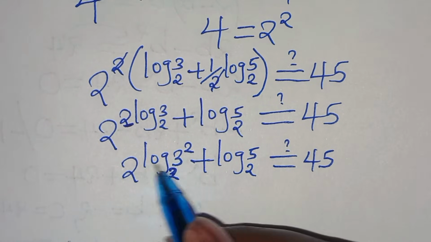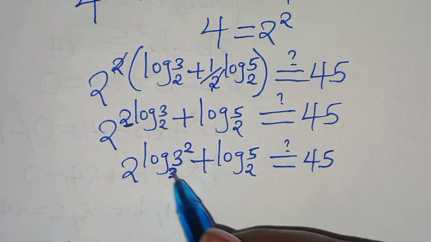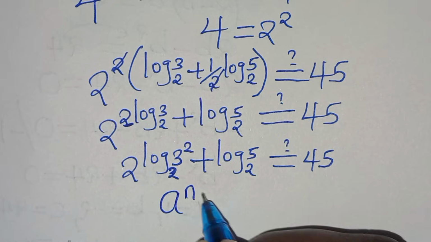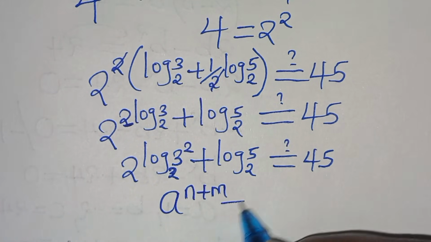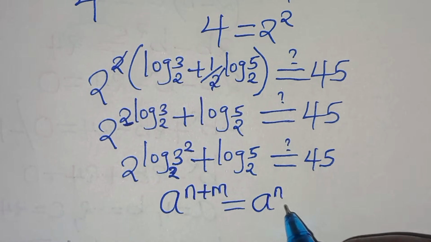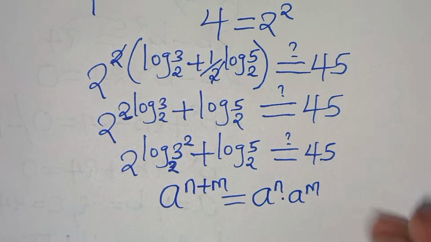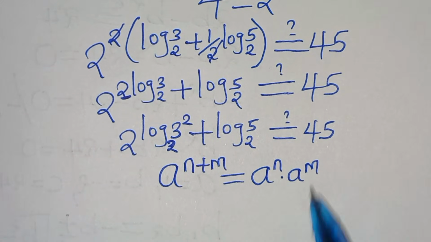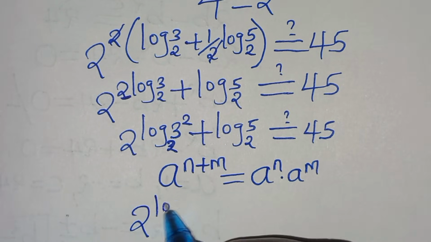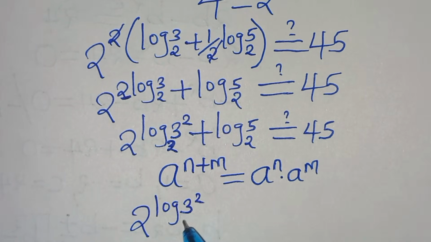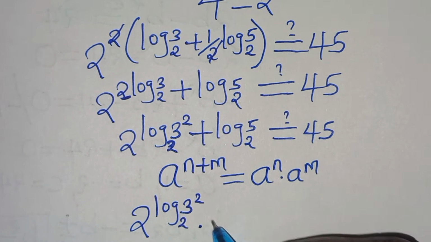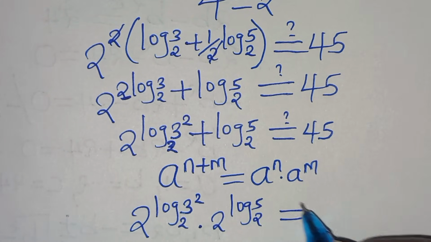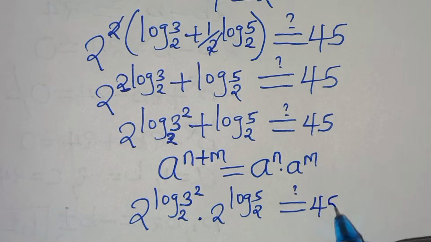Now 2 to the power of log 3 squared to base 2 plus log 5 to base 2 is in the form of a to the power of n plus m, which we can express as a to the power of n times a to the power of m. Applying this exponent property, we have 2 to the power of log 3 squared to base 2 times 2 to the power of log 5 to base 2. This should give us a value of 45.